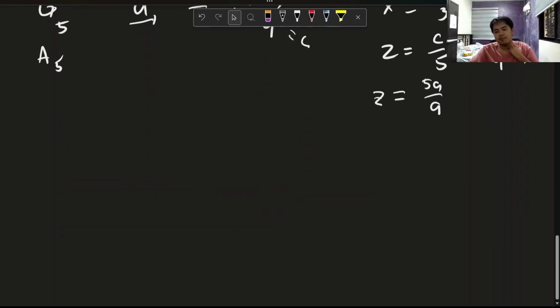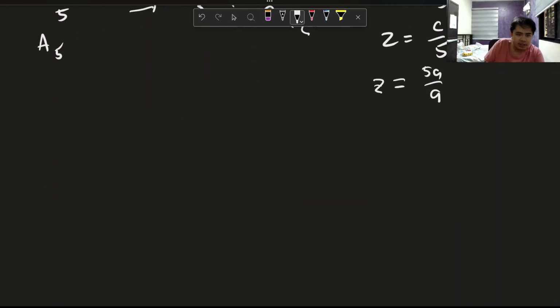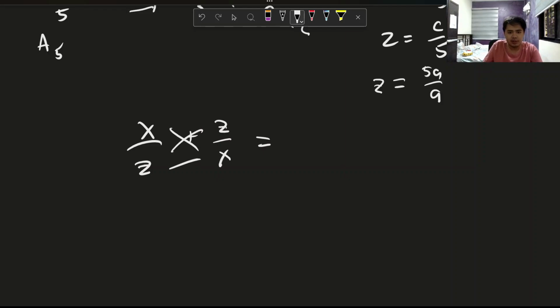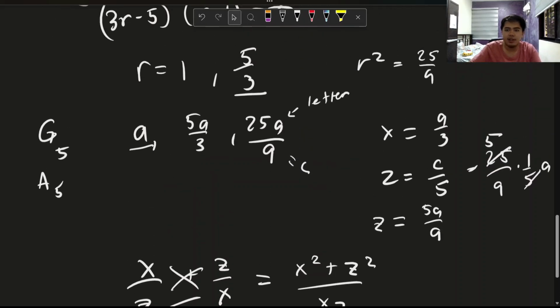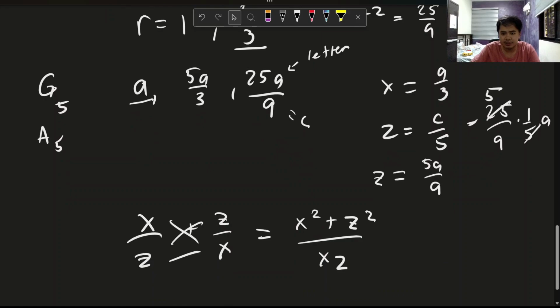So yeah. Now what we need is X over Z plus Z over X. You can use the crisscross method here in order to get x squared plus z squared over xz. Let's plug in x and z into this.